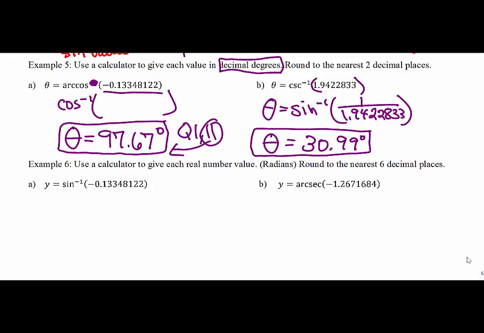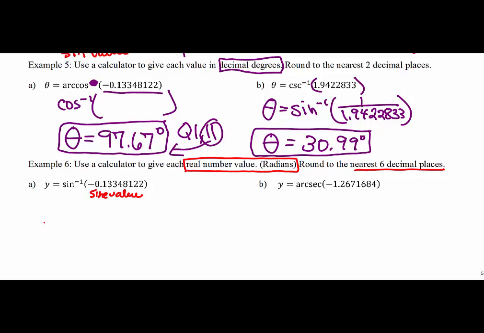Now for example 6, we are looking for real number values. So we're looking for angles in radians. So we're looking for a real number, which is, in other words, for finding an angle in radians. And we're rounding to the nearest 6 decimal places this time. So we're going to directly compute this into our calculator. Sine inverse of this sine value.